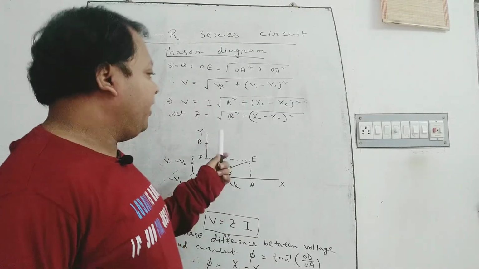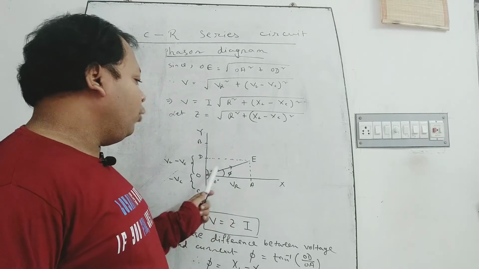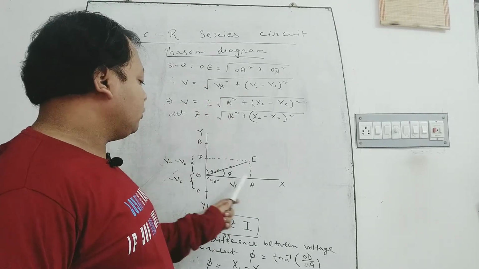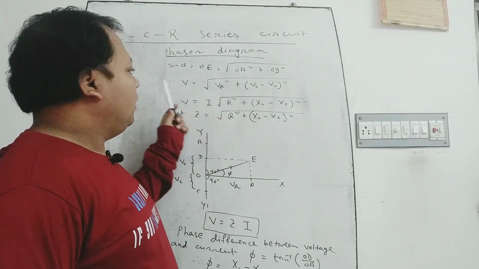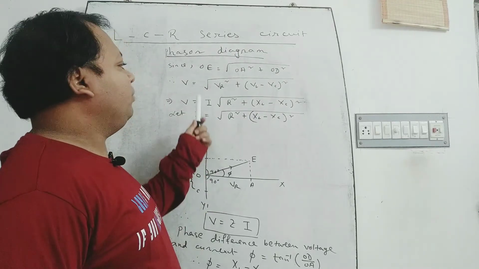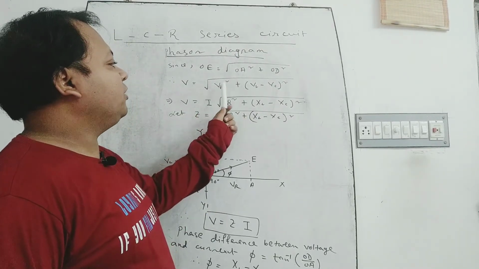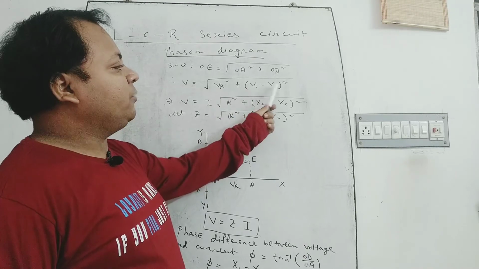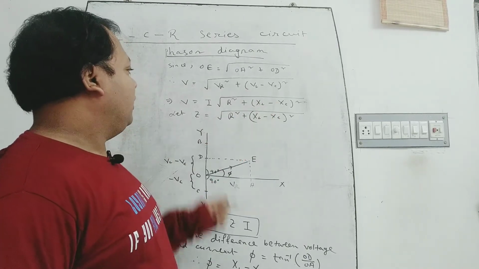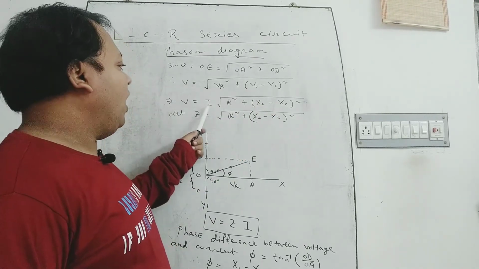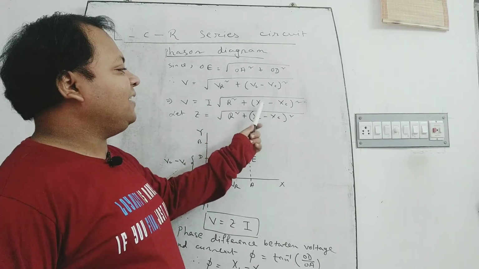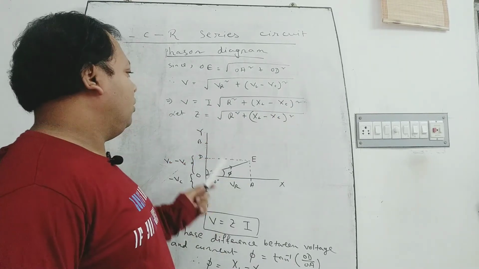This gives V is equal to I under root of R square plus XL minus XC whole square.